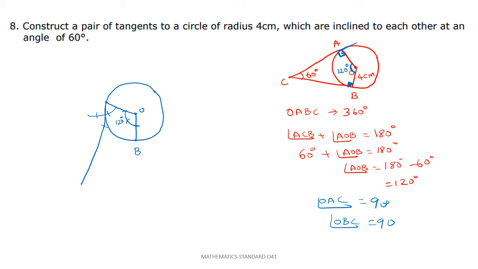Same way on the other side also. Make an arc, cut that, and the midpoint will give you another arc. So when you measure this, this will be 60 degrees. Okay, so this is how you have to do the construction.